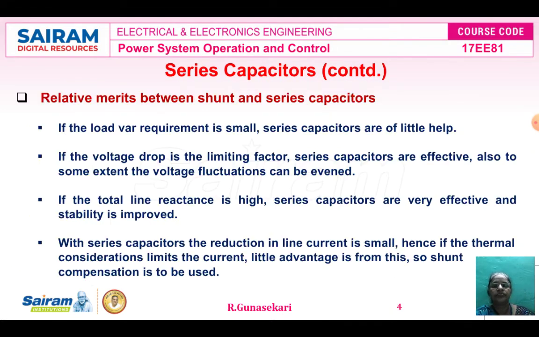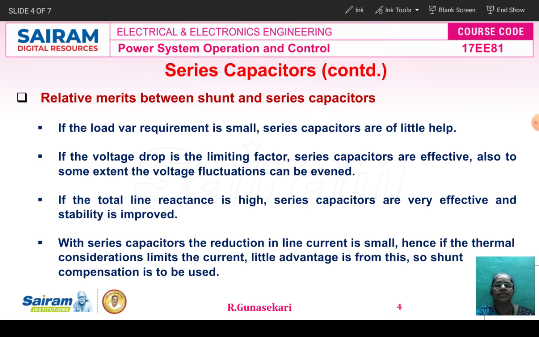Now see what are the merits between the shunt and series capacitors. That means we can compare shunt capacitor and series capacitor. If the load volt ampere reactive requirement is small, then the series capacitor is helpful for injecting the reactive power.